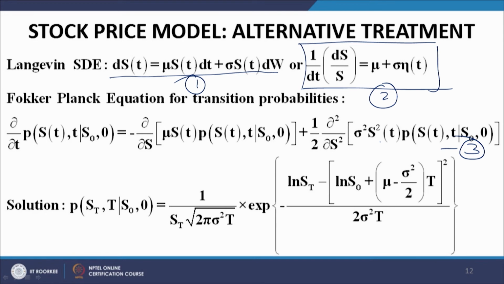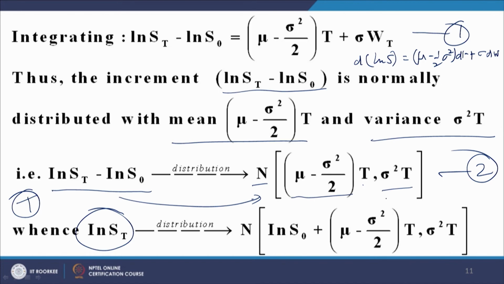What we find is that we get the expression which is equation number 4 for the probability density function, and we recognize this as the probability density function of a log normal distribution. So, the stock price in the finite time model follows a log normal distribution, and this is precisely what this equation is telling you.